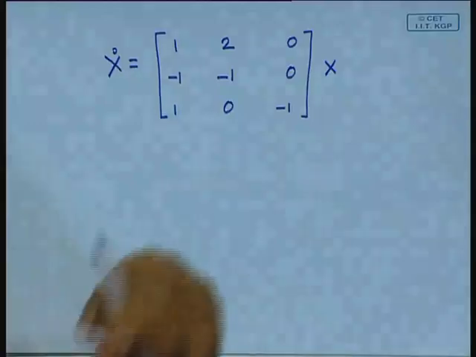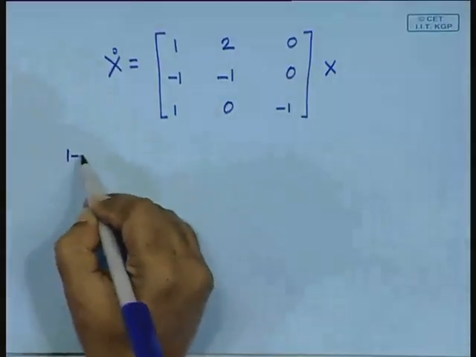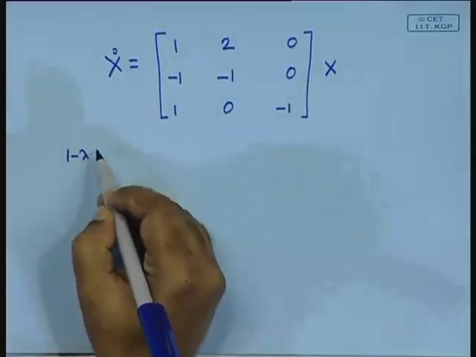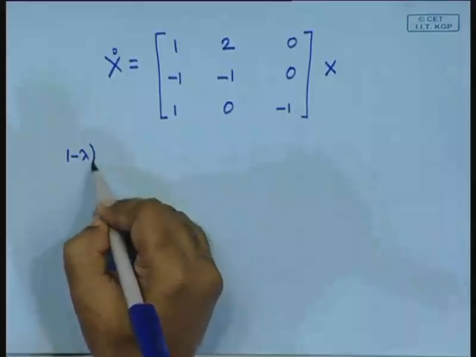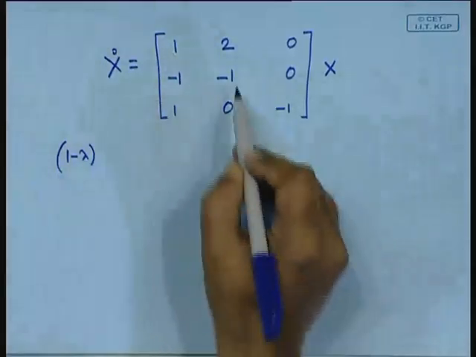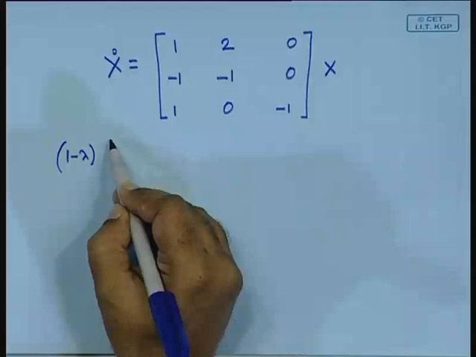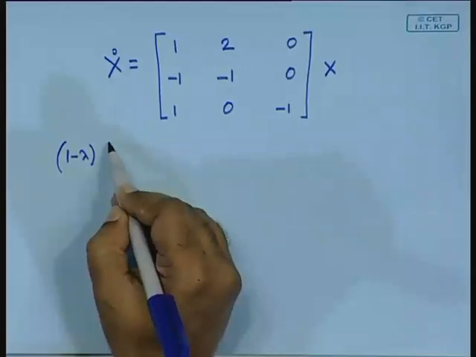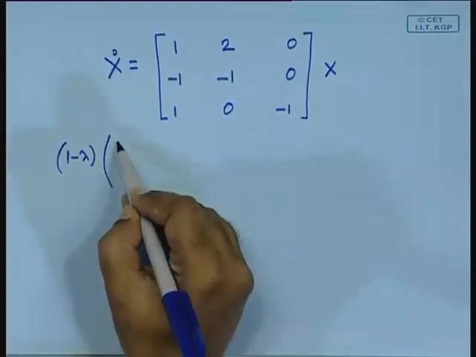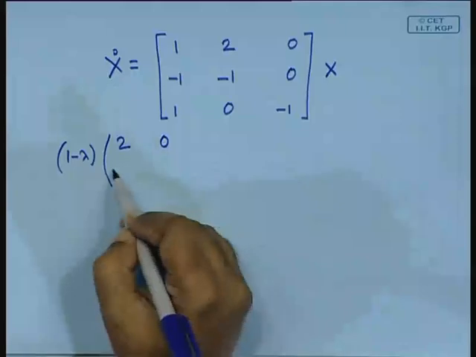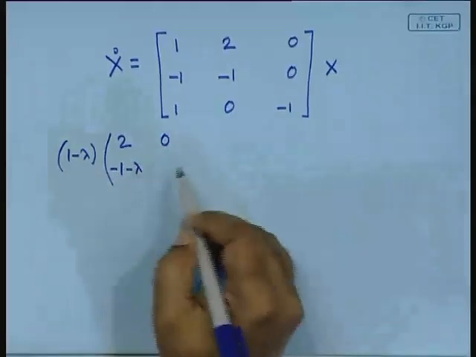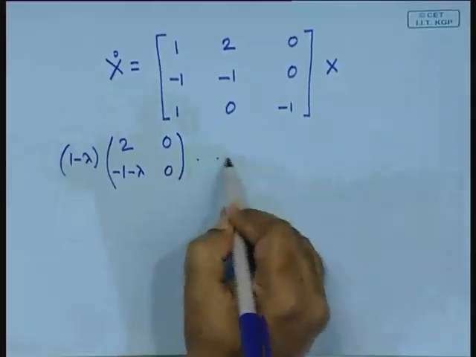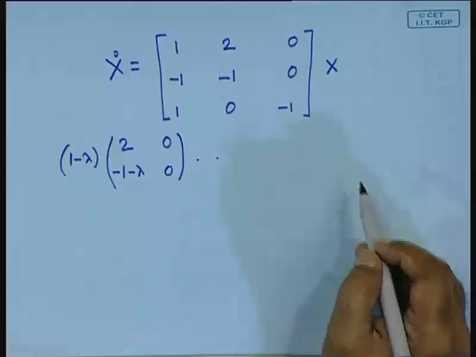Quickly do this. It will be 1 minus lambda, 1 minus lambda, times 2, 0, minus 1, minus 1 minus lambda, 0 and all that. Just write it correctly.